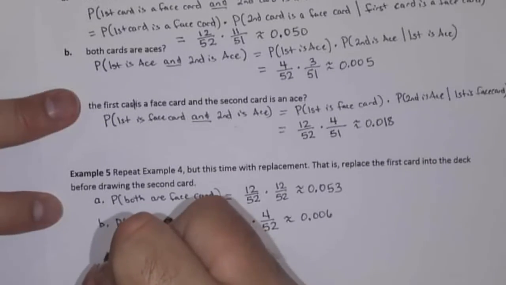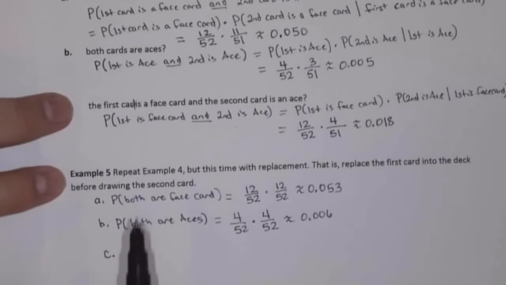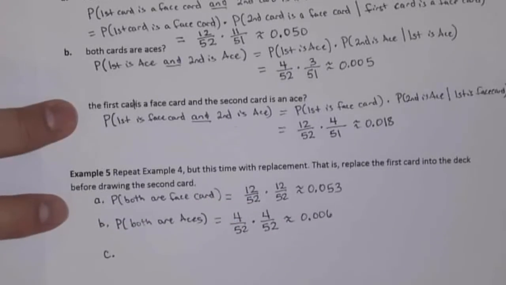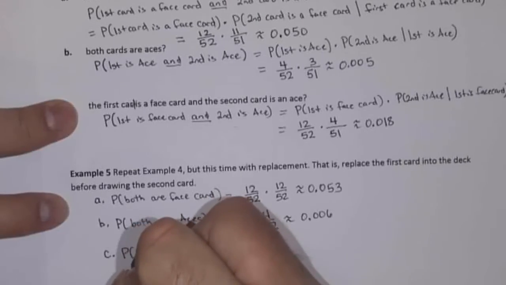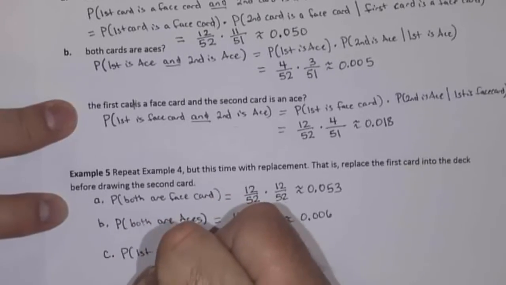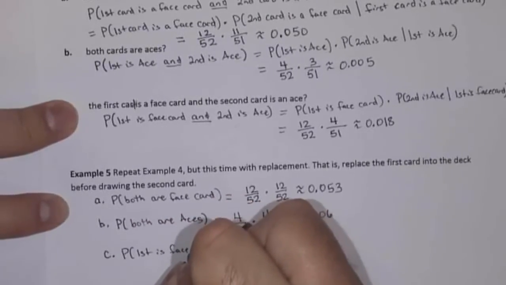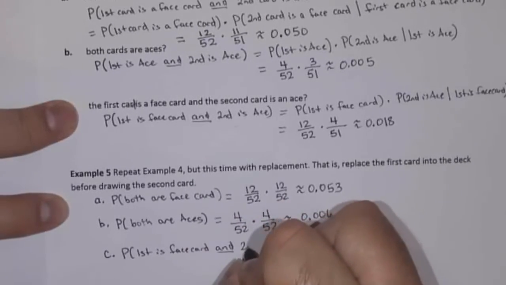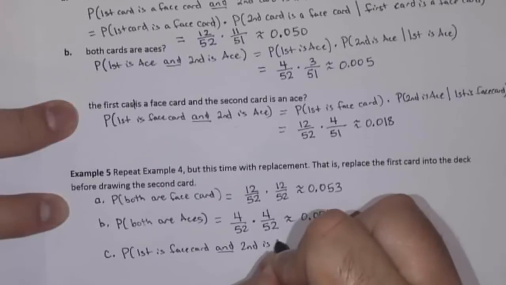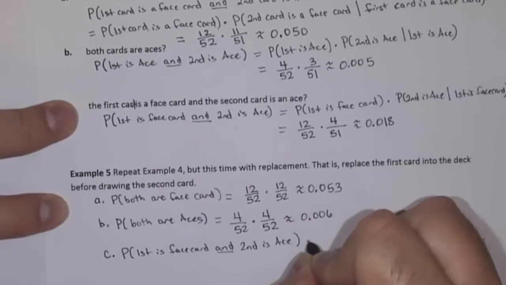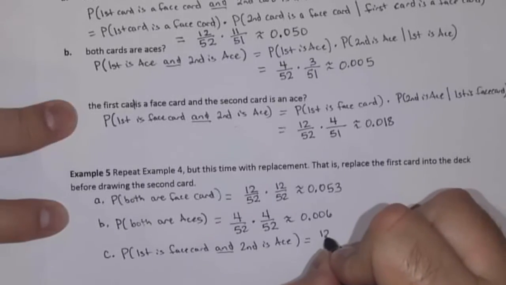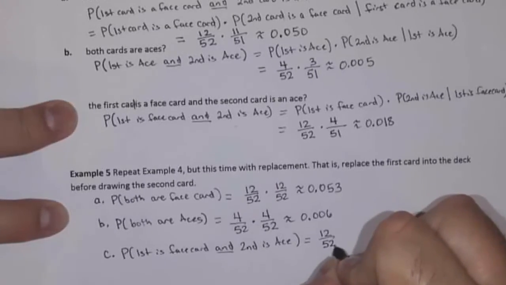Question C. What is the probability the first card's a face card and the second card's an ace? So the probability that the first is a face card and the second is an ace. Well, the probability the first card will be a face card will be 12 out of 52.